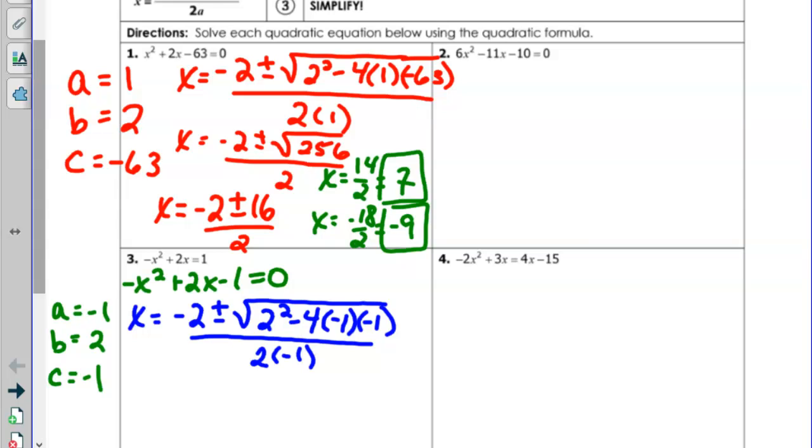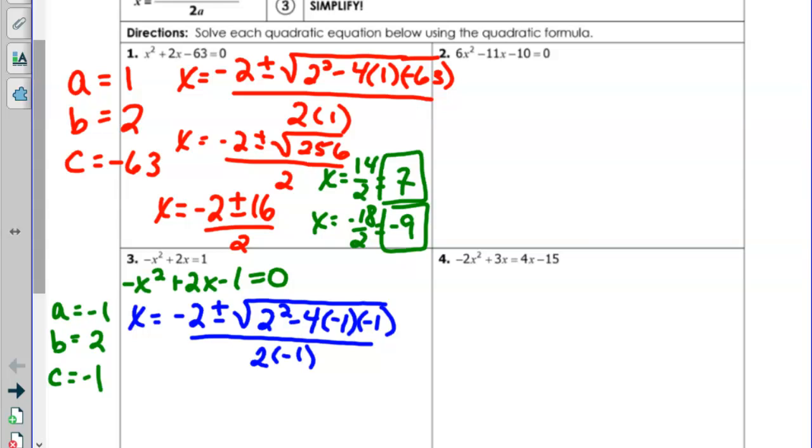Feel like this is a review for some of you guys? It became -1. Your a value is -1 when you have negative x squared. Which -1 are you talking about? For the x?